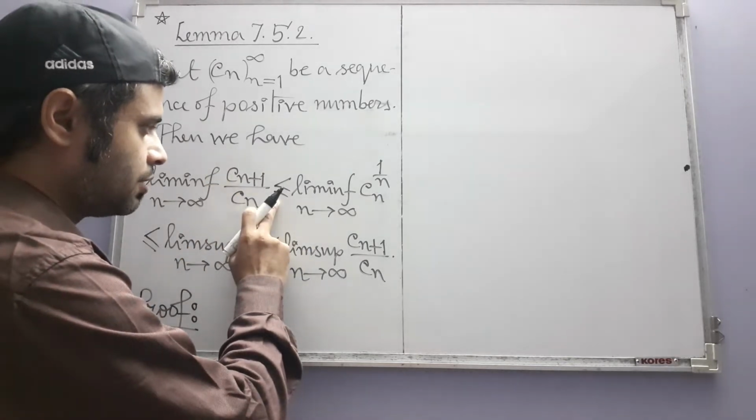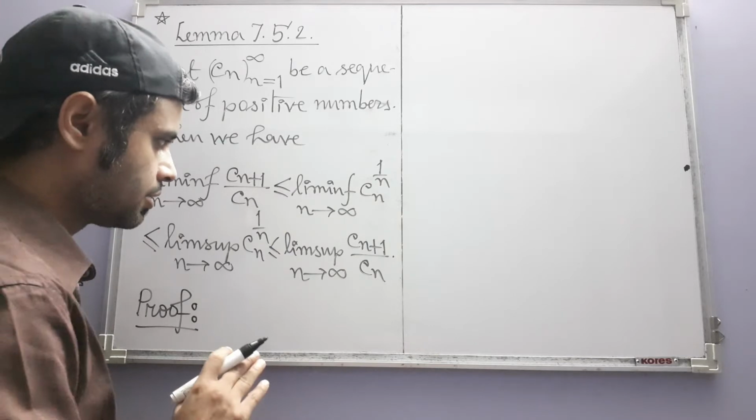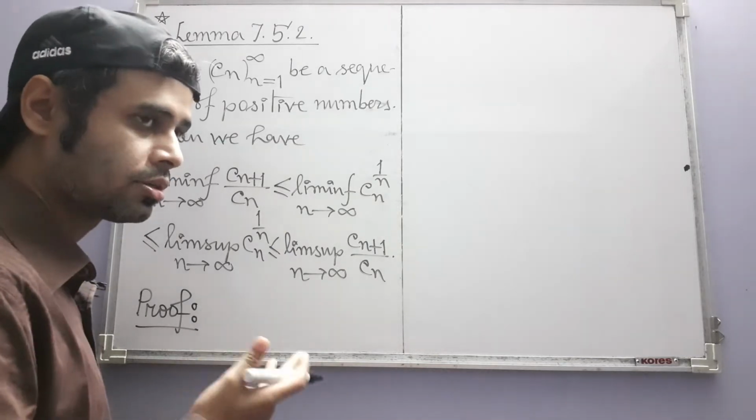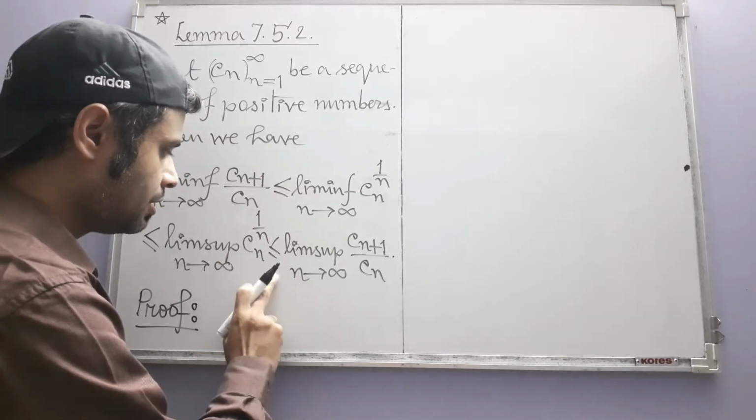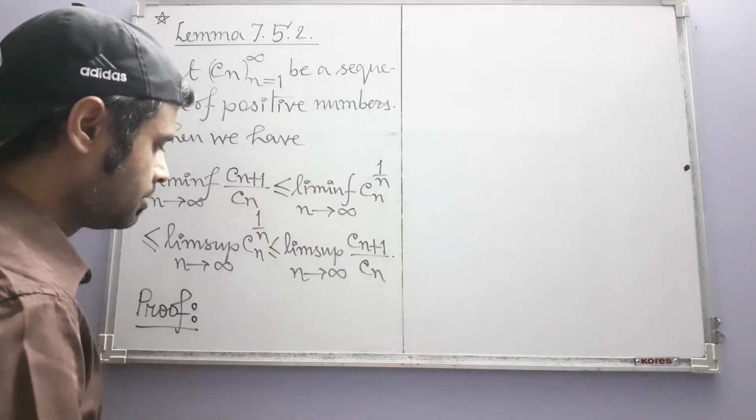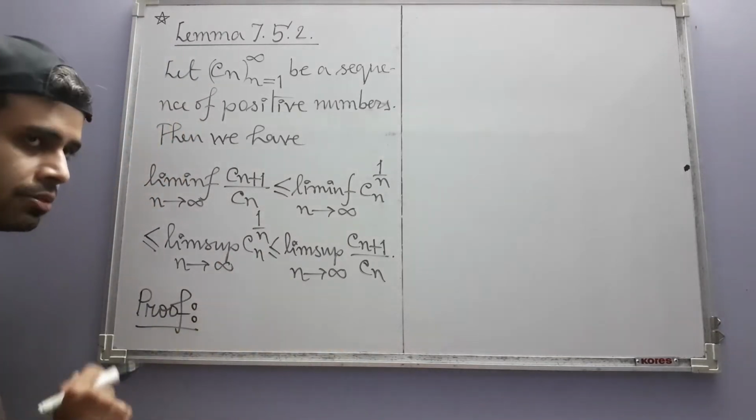The first one we will leave to the exercises, or rather the author has left to the exercises. So we will also do that. So we will only prove the last one. So let's just start off by writing these things.